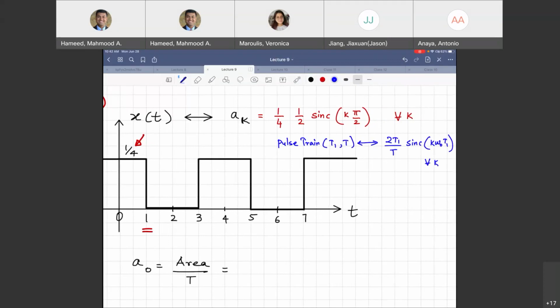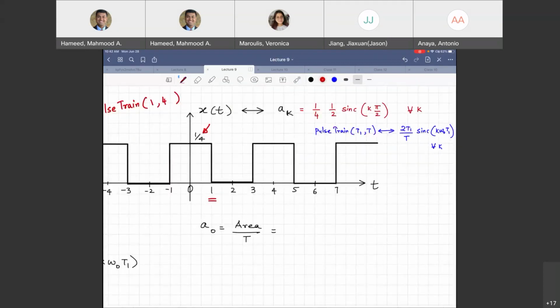Now, what we had in our problem is this. We had time period equals 4. So omega naught became 2 pi divided by 4, not half, pi over 2.